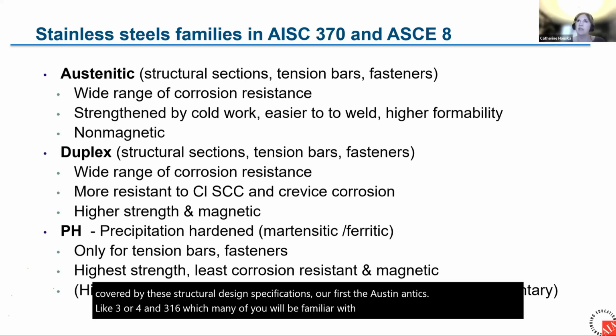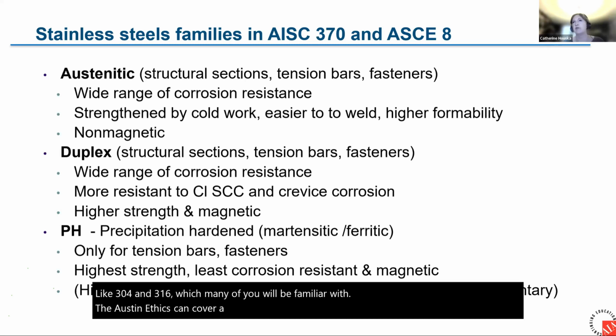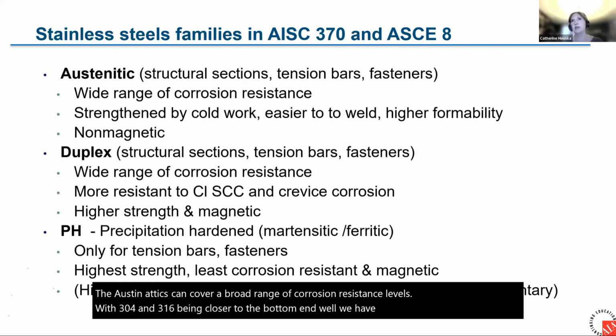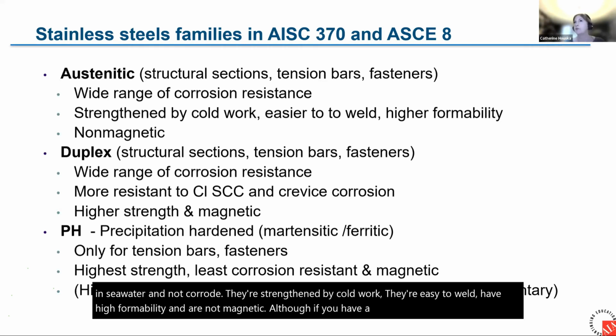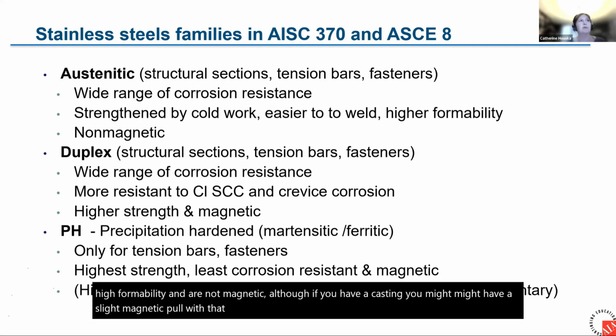The austenitics can cover a broad range of corrosion resistance levels, with 304 and 316 being closer to the bottom end. We have alloys that can be submerged in seawater and not corrode. They're strengthened by cold work. They're easy to weld, have high formability, and are not magnetic. Although, if you have a casting, you might have a slight magnetic pull without that being a problem.